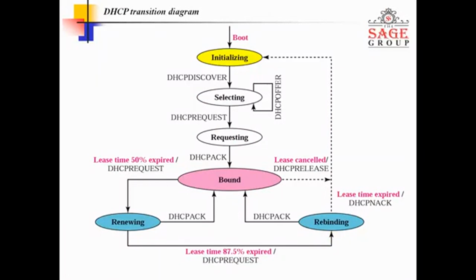Then rebinding sends this message to initialization, the first step, with the help of DHCP negative acknowledgement. These are the operation codes for DHCP and how they work.